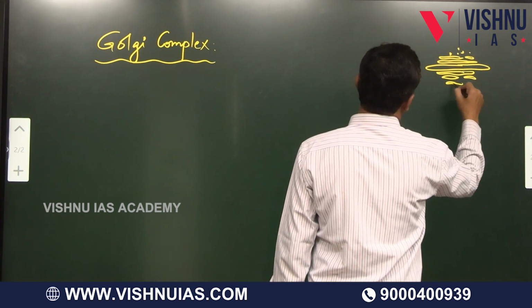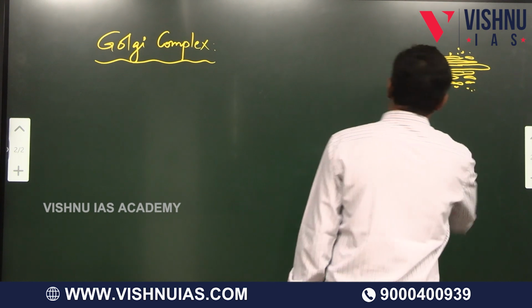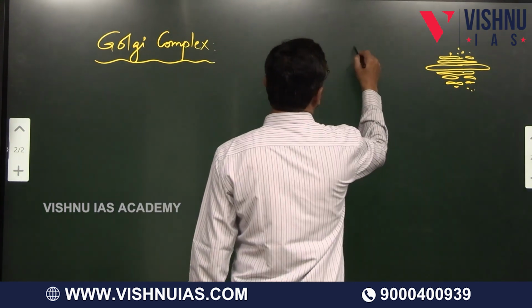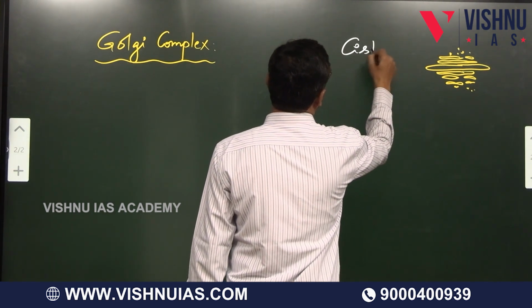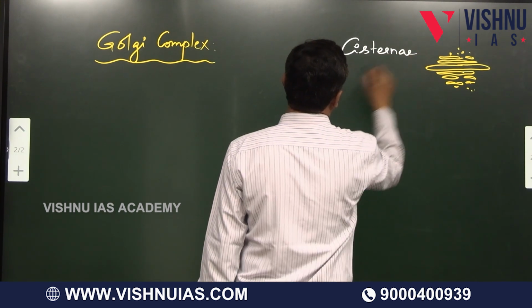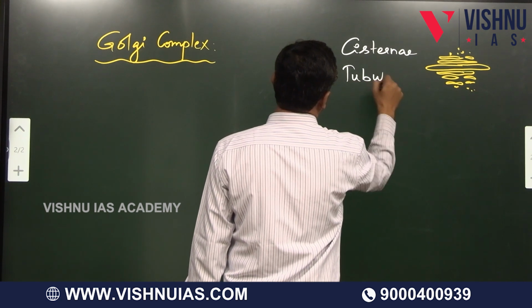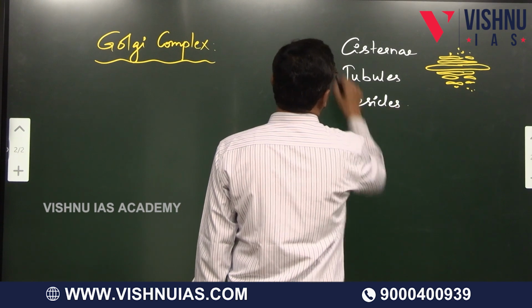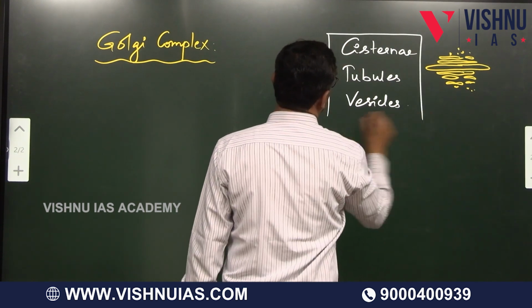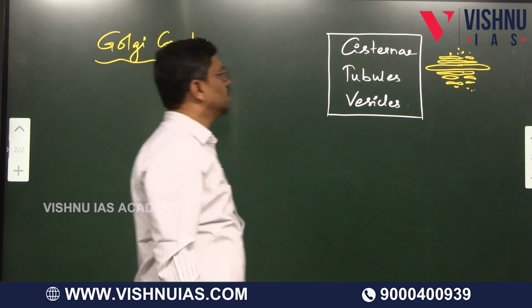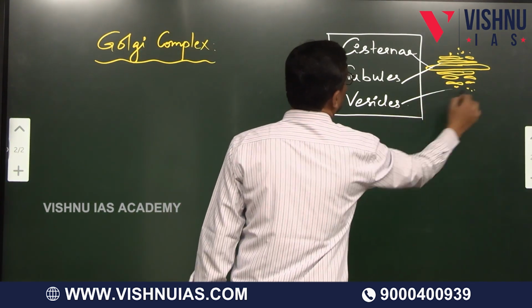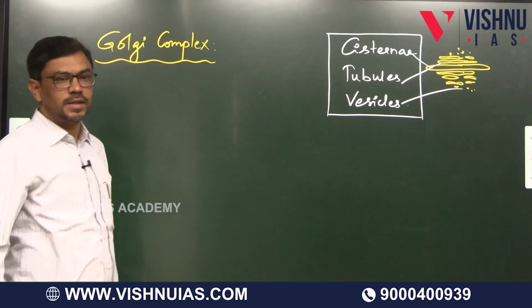This structure is called a Golgi complex. The components of the Golgi complex you can see are cisternae, tubules, and small vesicles.